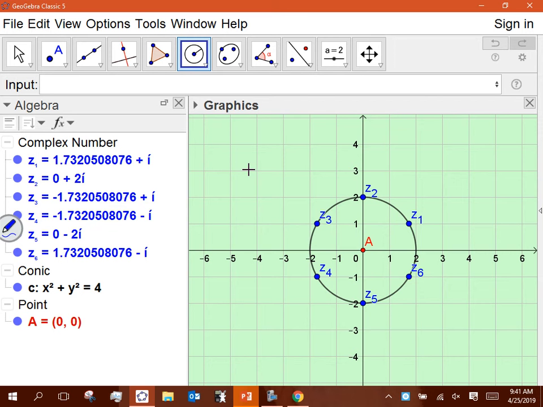If I were to connect them with chords, Z1 to Z2 to Z3 to Z4 to Z5 to Z6, back to Z1, we would get a hexagon, right? And then if I want to find the 7th roots, 8th roots, 9th roots, that hexagon turns into an octagon, eventually nonagon, decagon, that kind of thing. But the idea is that there's kind of a fractal relationship occurring there.